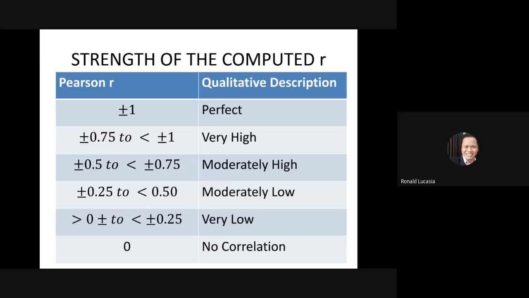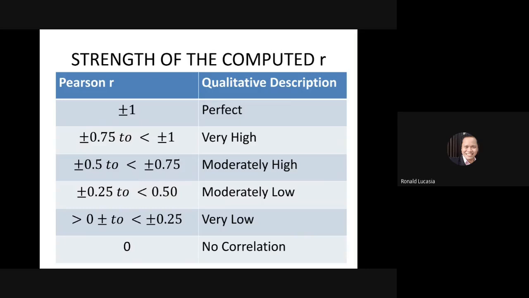When the Pearson R value is 0.25 up to less than 0.5, there is a moderately low correlation. Greater than 0 but less than plus or minus 0.25, there is a very low correlation. A zero value means there is no correlation at all.